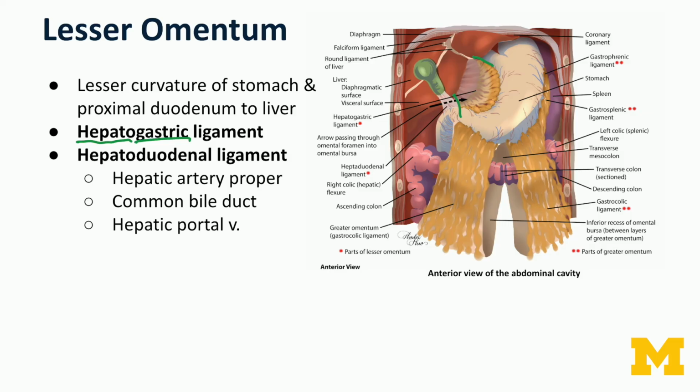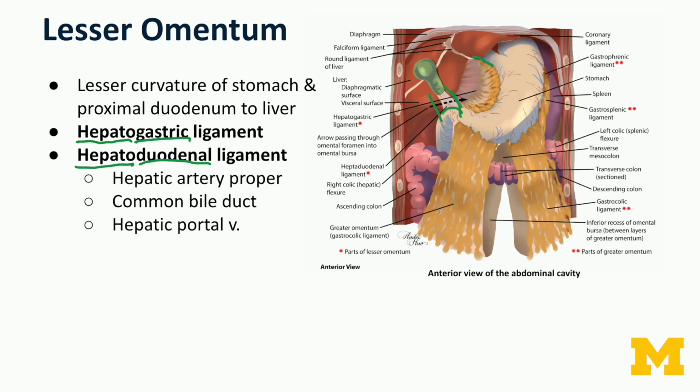There is also, right lateral to that, the hepatoduodenal ligament. So hepato, liver, duodenal, duodenum, which is the proximal part of the small intestine. The hepatoduodenal ligament is going to connect the liver to the duodenum.